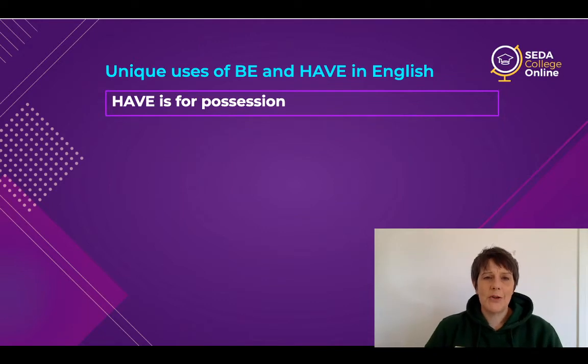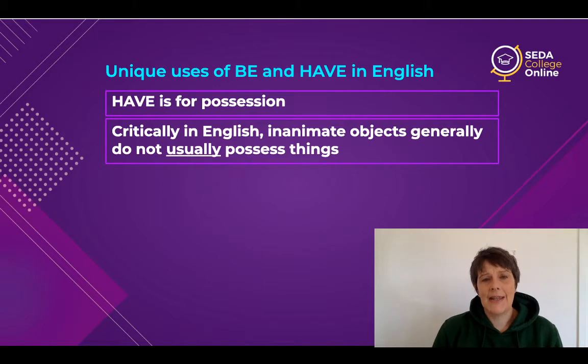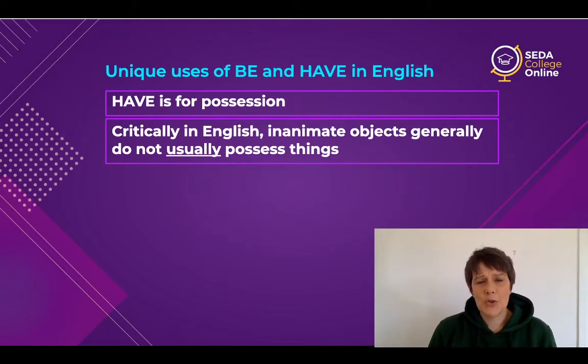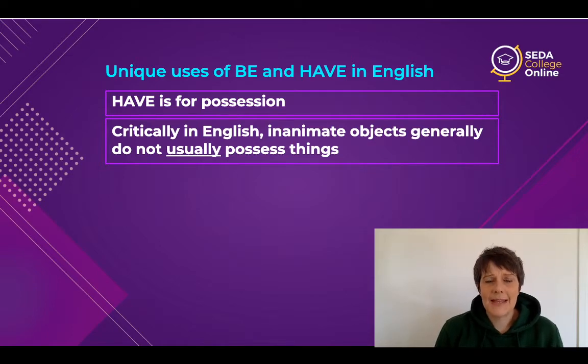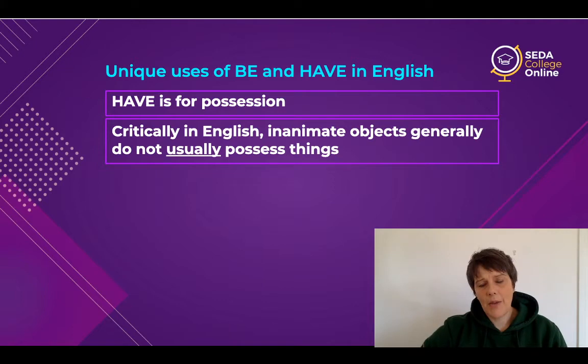So just to remind you, have is used for possession, and critically in English, inanimate objects don't usually possess things. People possess things, and otherwise inanimate objects like places and cities and dogs and cats and objects, they don't have things. You just describe what's there. You don't actually connect it as a possession with a have.